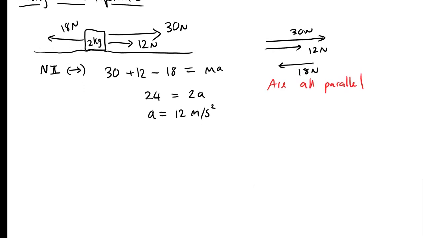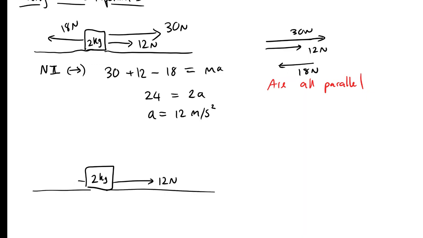But as soon as we change one of these, let's take much the same situation, a 2 kilogram object sitting on a surface, same forces applied, 12 newtons to the right, 18 newtons to the left. We'll apply 30 newtons, but you see we're applying it at some angle now.